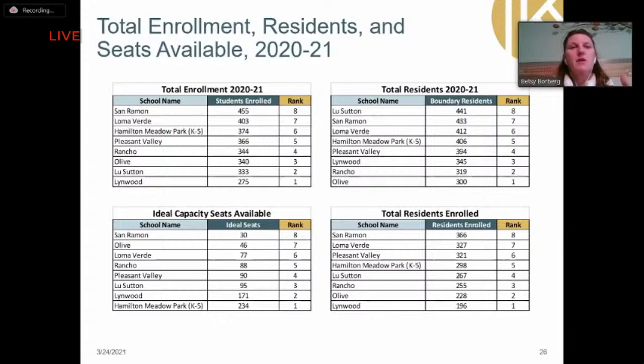The solution might not necessarily be closing an elementary school, but looking at remodeling the middle schools and adding the 6th grade to the elementary schools. So it's a K-6 model for the elementary schools, and then a 7-8 middle school.